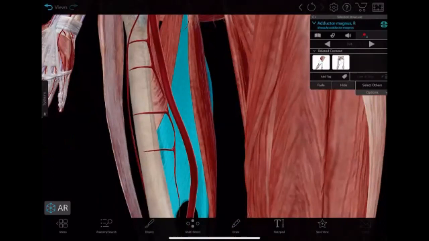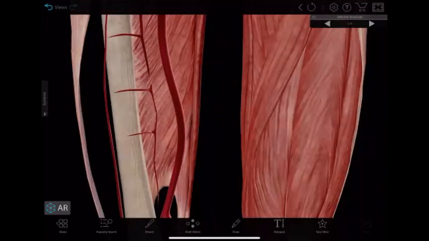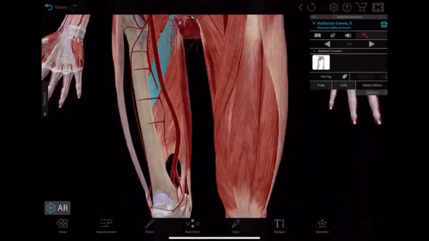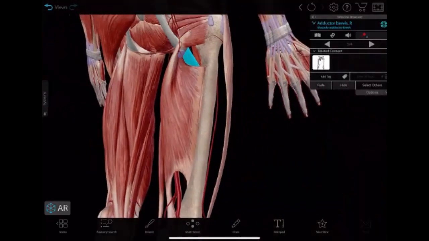The first perforator is proximal to the adductor brevis. Here it is not given in a proper manner in this atlas, but the first one is proximal and the second one is anterior to the adductor brevis. They gave it correctly. Sorry, the third one is distal to the adductor brevis. So how are they piercing?